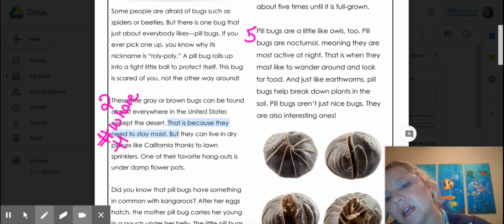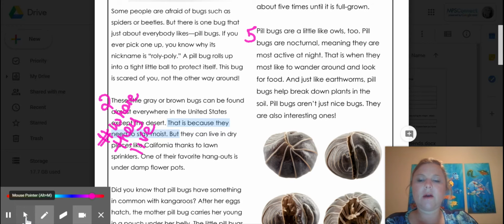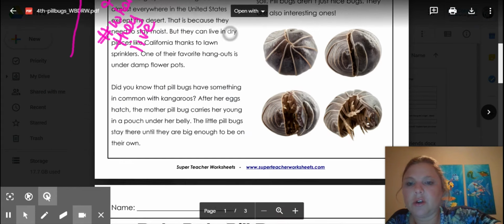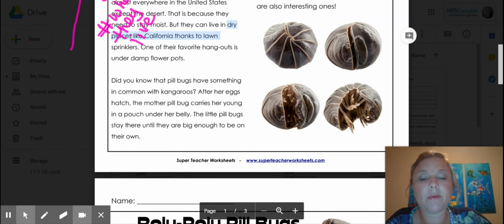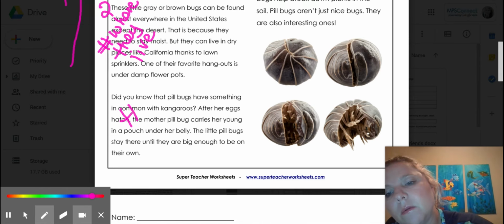And I know I'm writing on this, but I want you guys to be able to see it. Okay. Then I can go down and I can, whoops, I thought it was on the mouse. Why is this not moving up? There we go. Did you know that pill bugs have something in common with kangaroos? So I think I'm going to put right here, hashtag kangaroo.